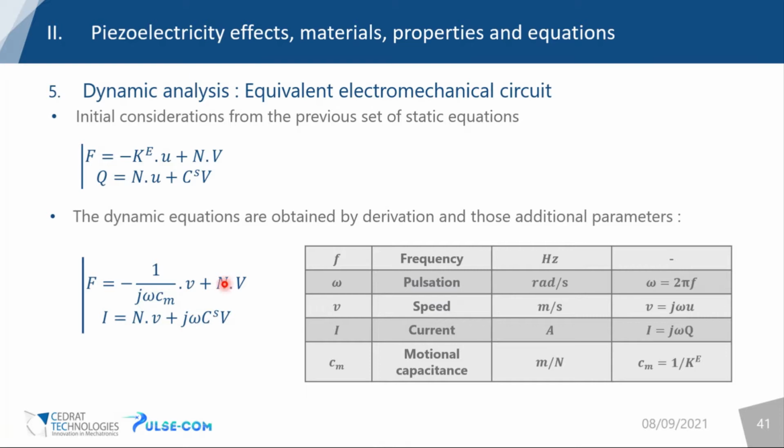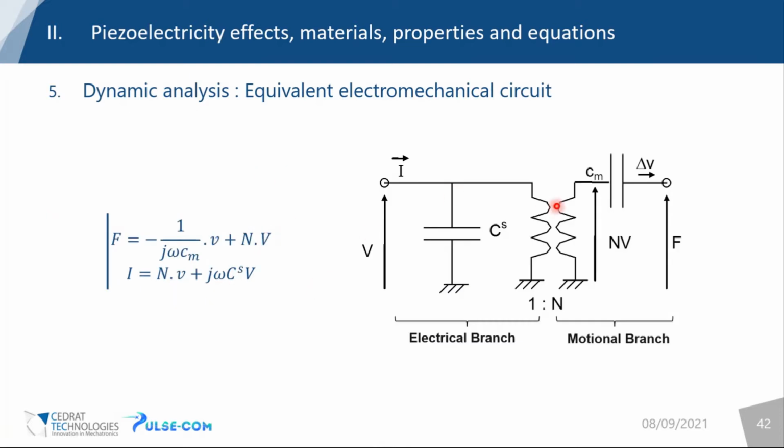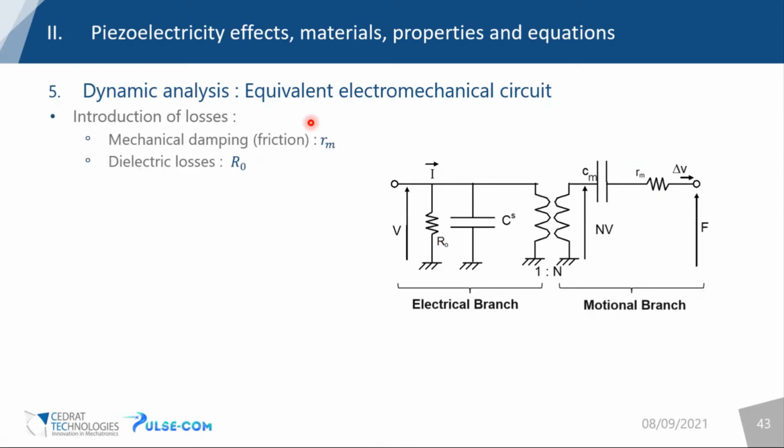This means that we can write it with an equivalent electromechanical circuit notation. Here you have the electrical branch and the motional branch, which are linked by the force factor coefficient, which is kind of your transformer. So it converts electrical energy into motional energy.